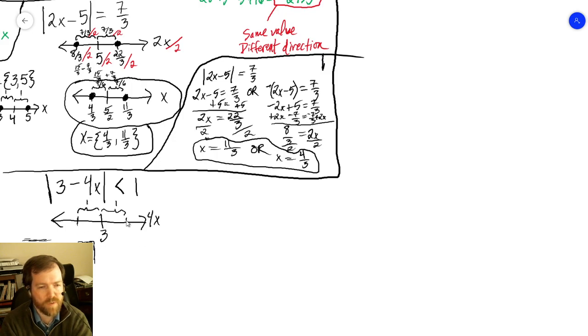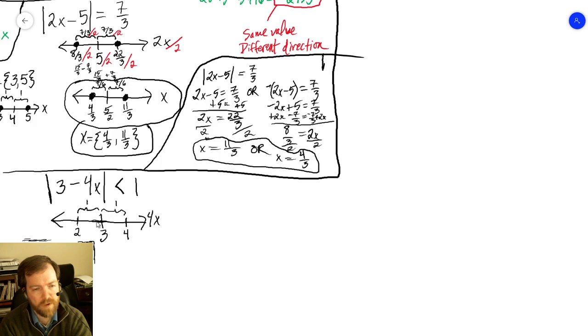So if our distance is 1 away from 3, this means that going up is going to be 4, going down is going to be 2. Then, in addition, we want the distance here to be less than 1. So from this point, we want all of our valid solutions to be within this distance here.